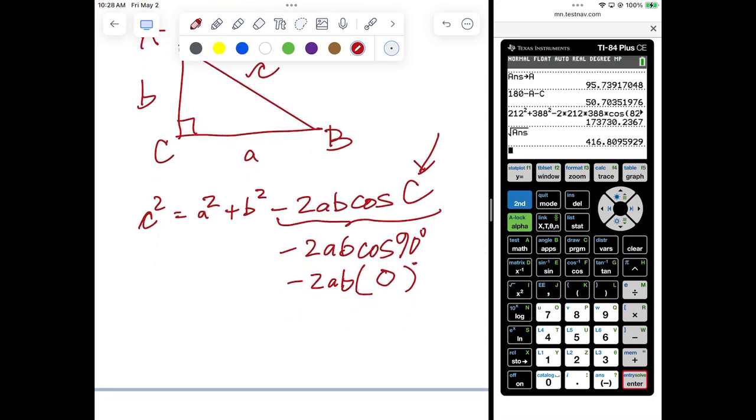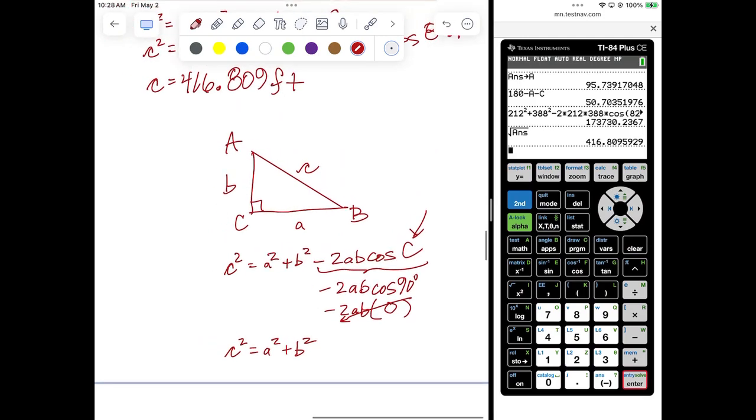So what happens to this whole little piece right here? It goes away, and we're left with c squared equals a squared plus b squared, which is the Pythagorean theorem. So does the law of cosines work for all triangles? It does. Do you really need the Pythagorean theorem anymore then? Not really. It's fun to keep because when you have a right triangle, you don't have to worry about getting rid of that second piece or that third piece all the time. But it works for all triangles.